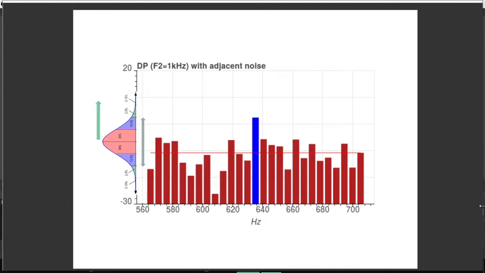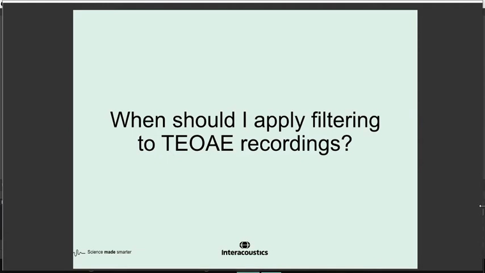Now, the advantage to doing that as opposed to just having a signal to noise ratio is that if the test wants to be really secure, supposing you need a 9 decibel signal to noise ratio to get that level of reliability because the noise is very ragged, then the test will proceed until it's got that degree of reliability. On the other hand, if the noise floor is quite smooth, the test can stop sooner, because it's clearly identified as a DP. So it's a way of adjusting how long the test spends to get a very secure piece of data.